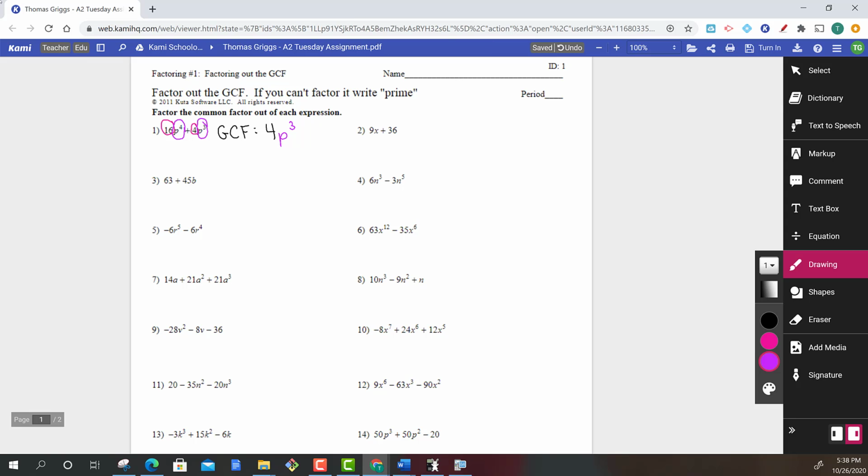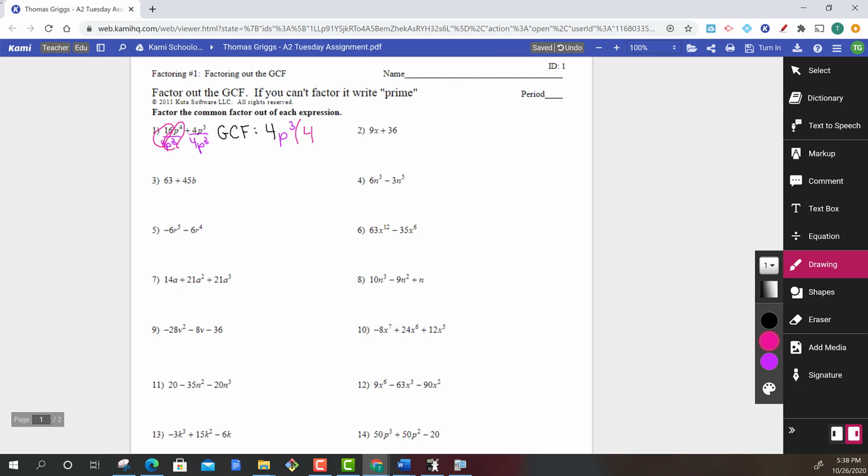All right, and then we've got to figure out what is left in this problem after we factor out a 4p to the third. So remember, we're just doing reverse multiplication here, doing reverse distributive property. We divide here. 16 divided by 4 is 4.